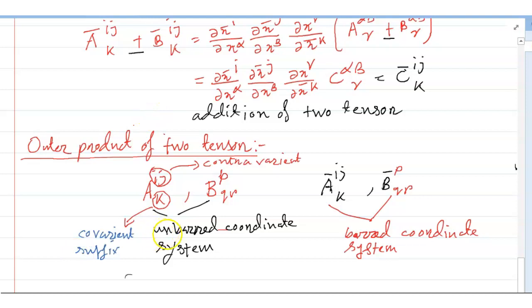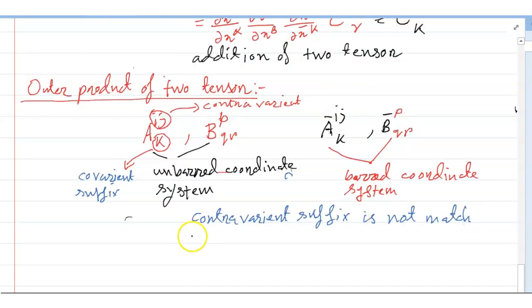So friends, you can see that the outer product of two tensors is possible when a contravariant suffix is not matched with the covariant suffix of the other element.